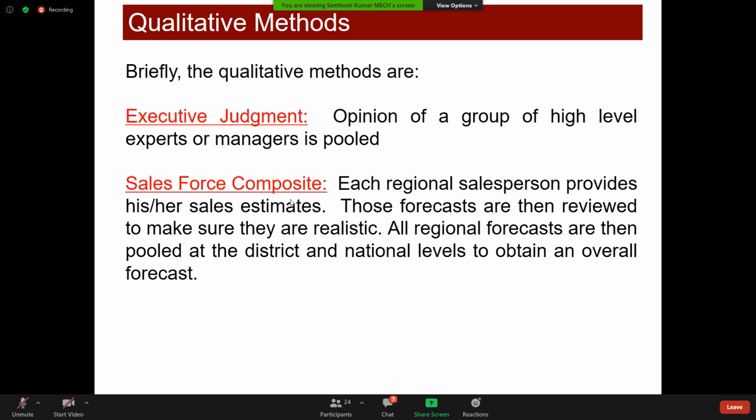And the next one is sales force composite. Each regional salesperson provides his or her sales estimates. Those forecasts are then reviewed to make sure they are realistic. All regional forecasts are then pooled at the district and national level to obtain an overall forecast. If it is launching internationally, generally every big MNC has continental heads, country heads, and state heads also.